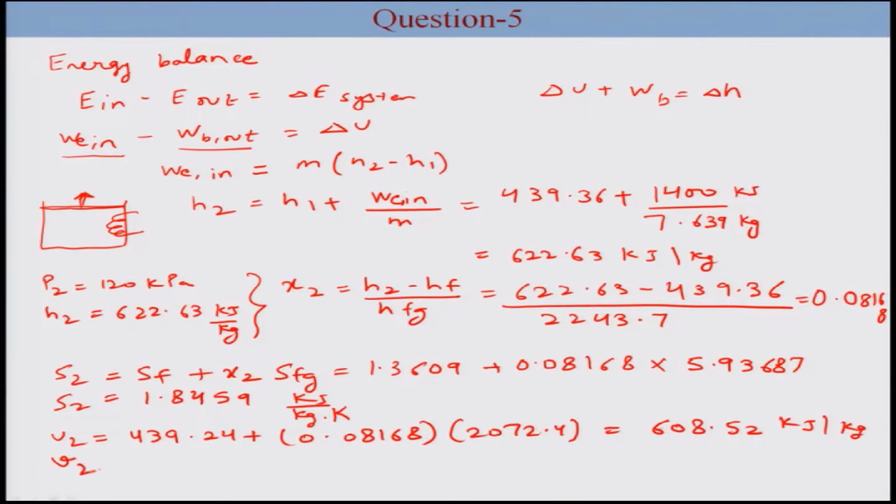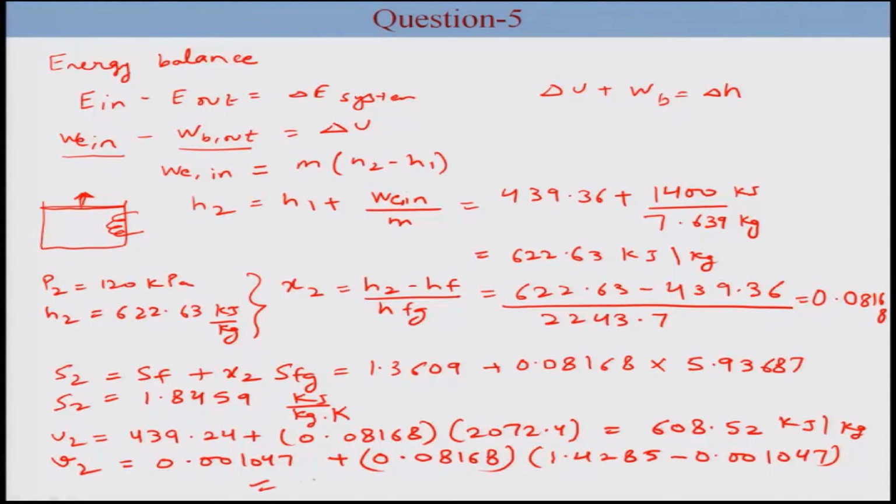And V2 is equal to Vf plus x2 times Vfg, so 0.001047 plus 0.08168 multiplied by 1.4285 minus 0.001047, and this value comes out to be 0.1176 meter cube per kg. Now we know the different properties at the exit state.